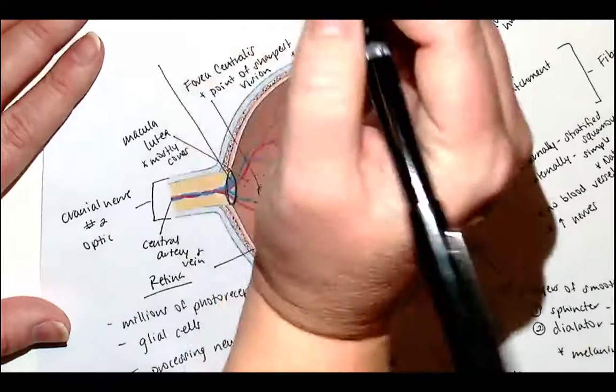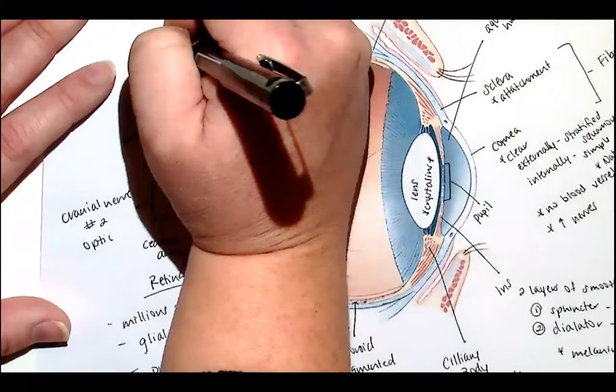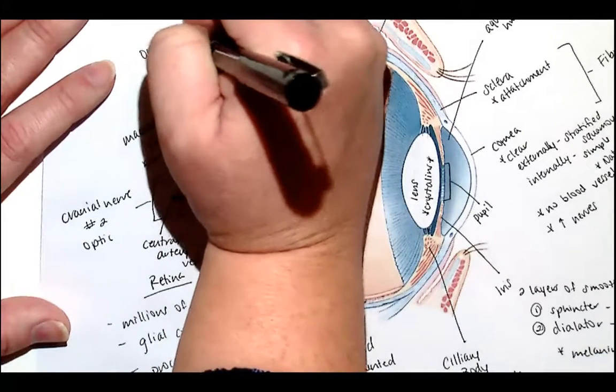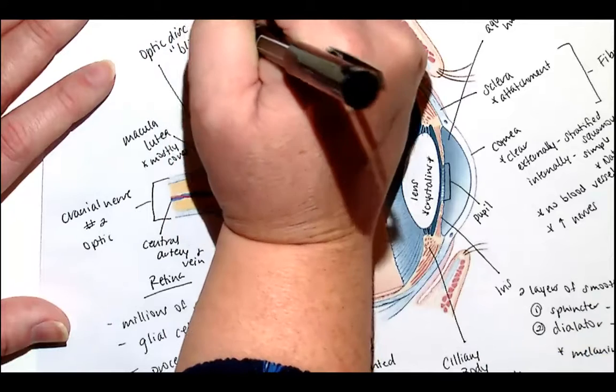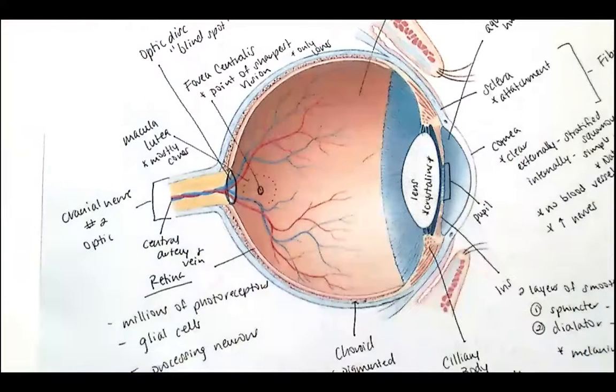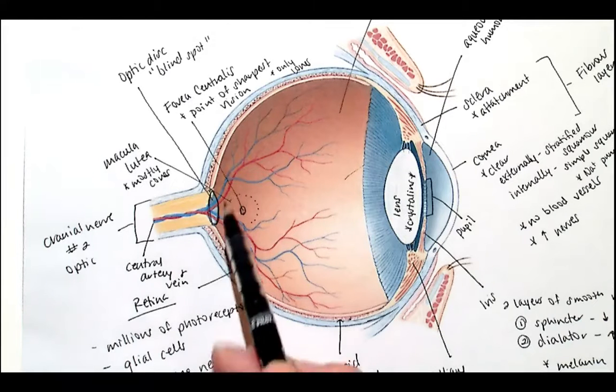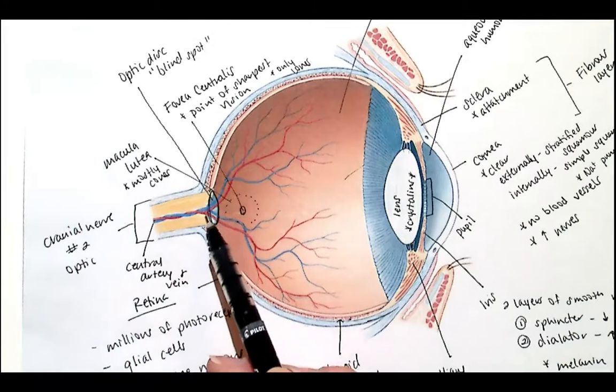We call this the optic disc. It's your blind spot. You legitimately have one. You never notice you have one because each eye compensates for the opposite eye's blind spot. And we'll find this blind spot in lab. But it is the only point in the retina that has no photoreceptors.